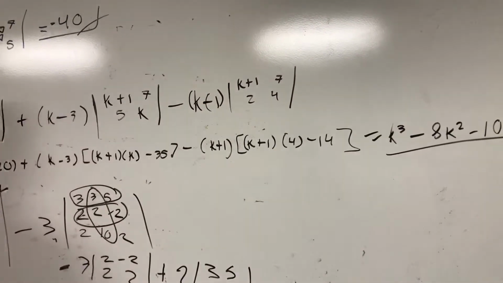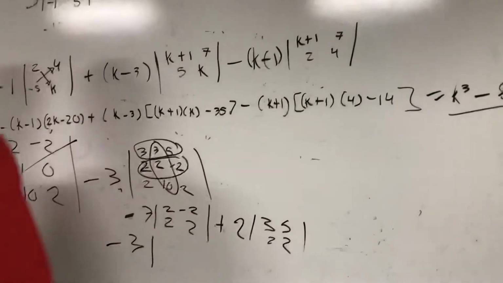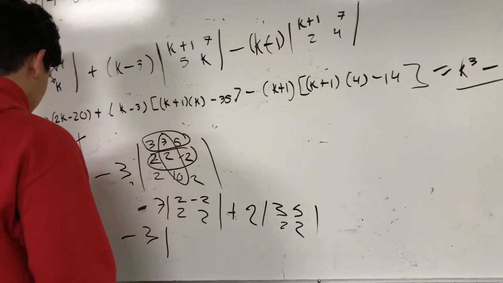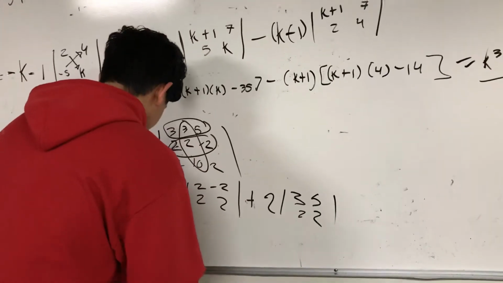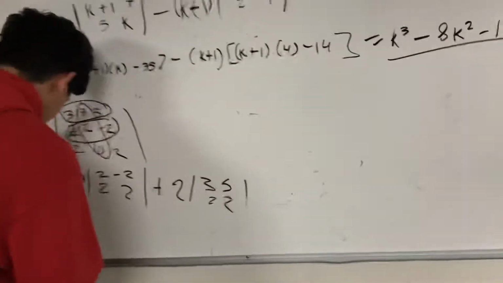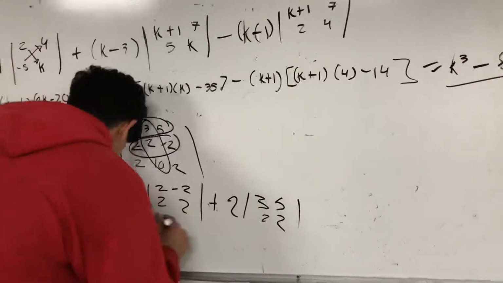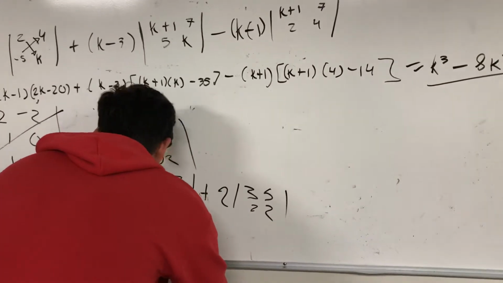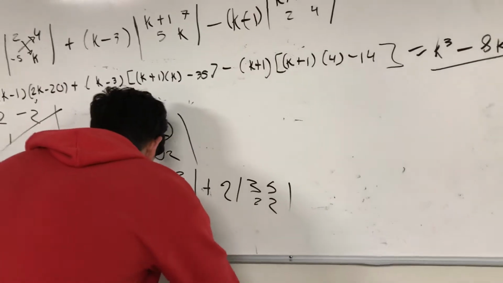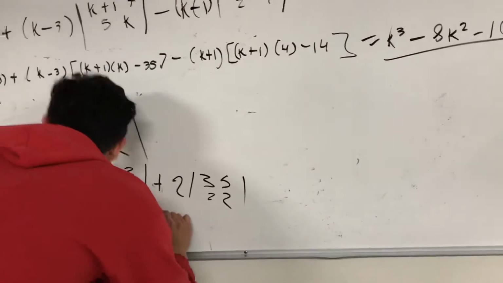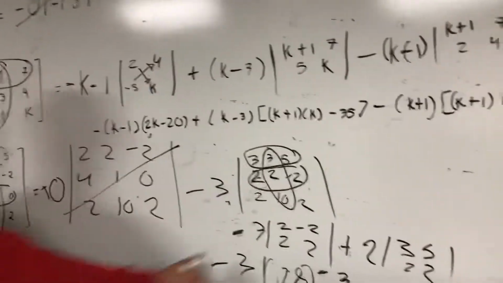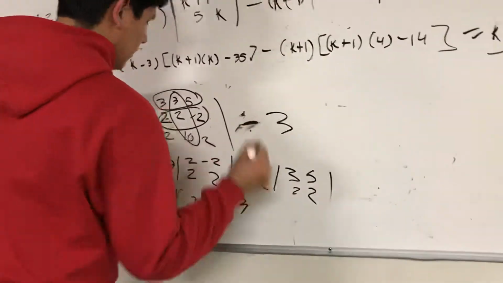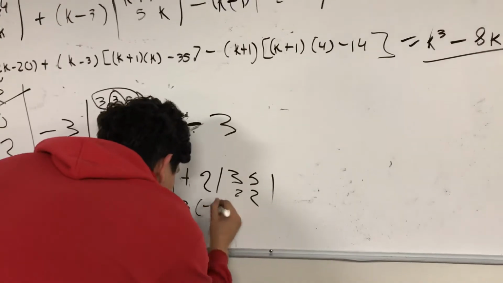and doing all these cofactor operations, it will lead us that minus 3 is equal to 128, and we have that this 3 right here that we didn't do, we just put plus 3, no, minus 3 is minus 48.